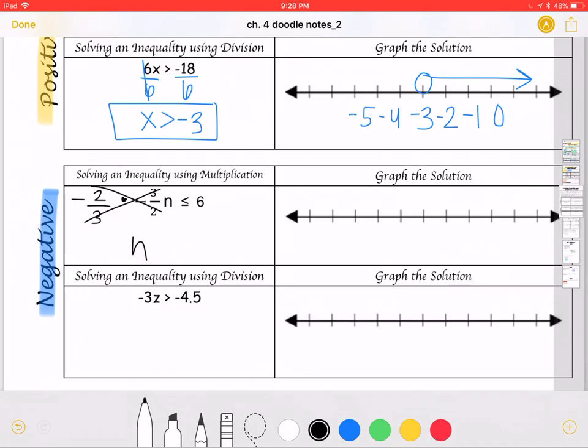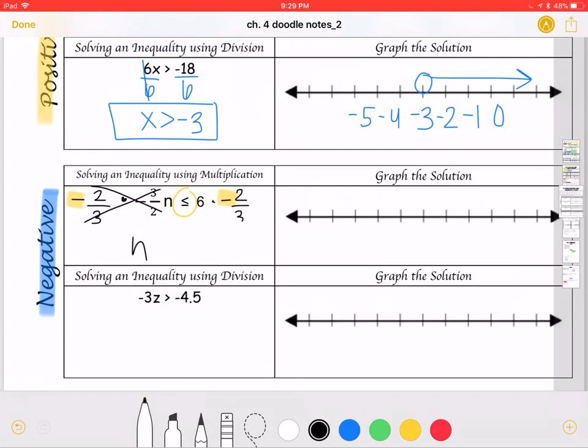Whatever I do to the left, I have to do to the right. Notice, I am multiplying each side by a negative number. So when you multiply by a negative, in order for your inequality to remain true, you have to flip your sign or your symbol. Right now your symbol says less than or equal to.